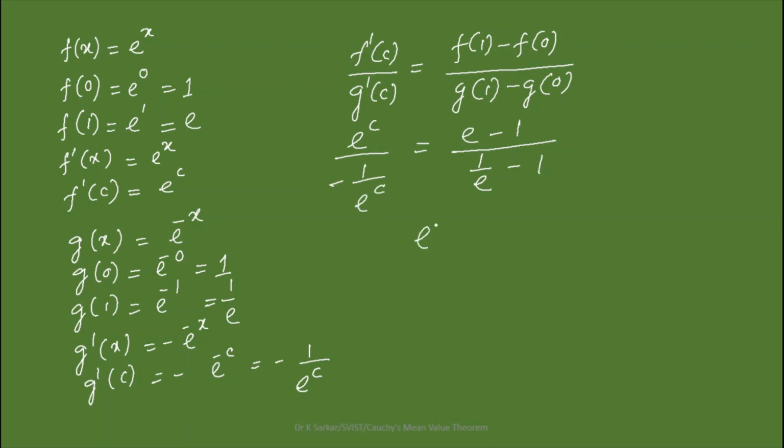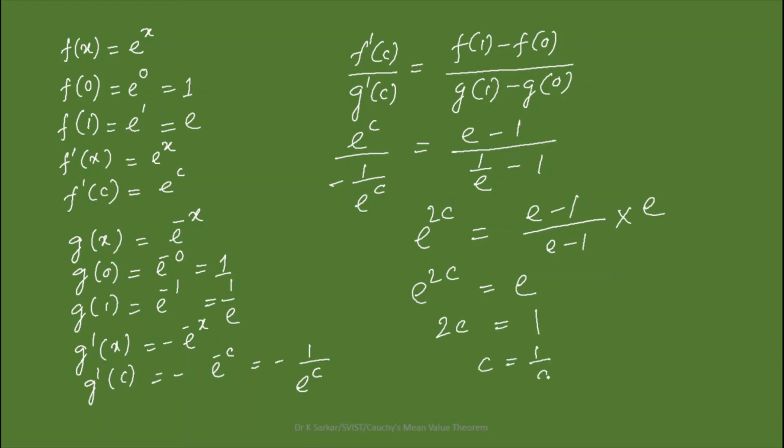So e to the power 2c equals (e minus 1) divided by ((e minus 1) into 1 by e), which gives e to the power 2c equals e. So 2c equals 1. c equals half.